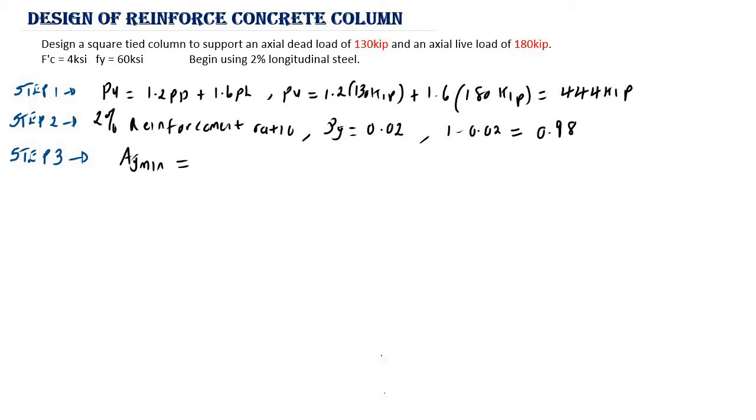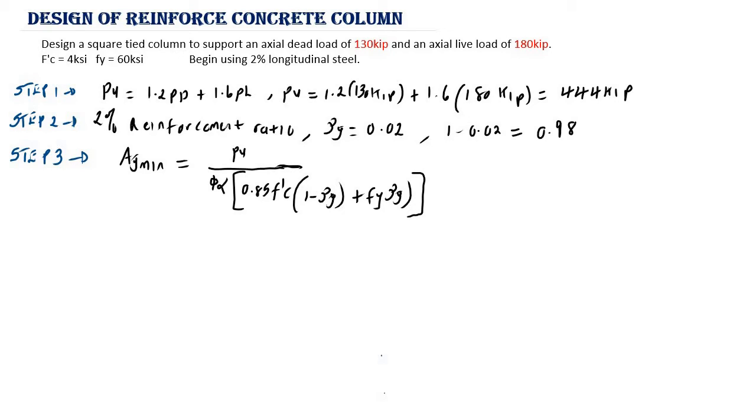So Ag minimum is equal to Pu, which is the factored load, divided by phi, multiplied by alpha, multiplied by the quantity 0.85 f'c, open bracket 1 minus rho g, close the bracket, plus fy, which is the tensile strength of the steel, multiplied by rho g, then you close the bracket, and all this is inside one parenthesis.